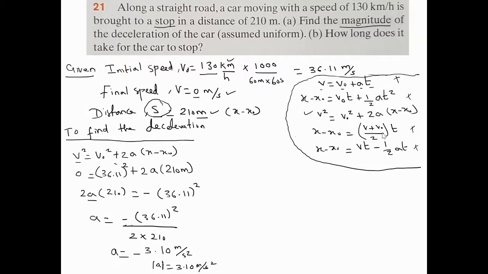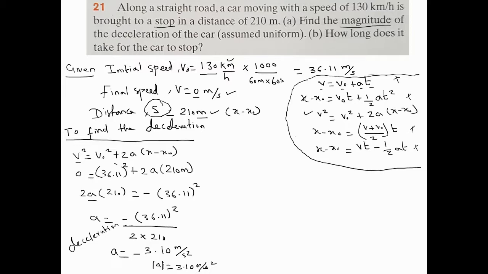Acceleration has a direction. Why don't we use the minus? Minus means the direction of acceleration. If acceleration is positive, then you say it is an acceleration.